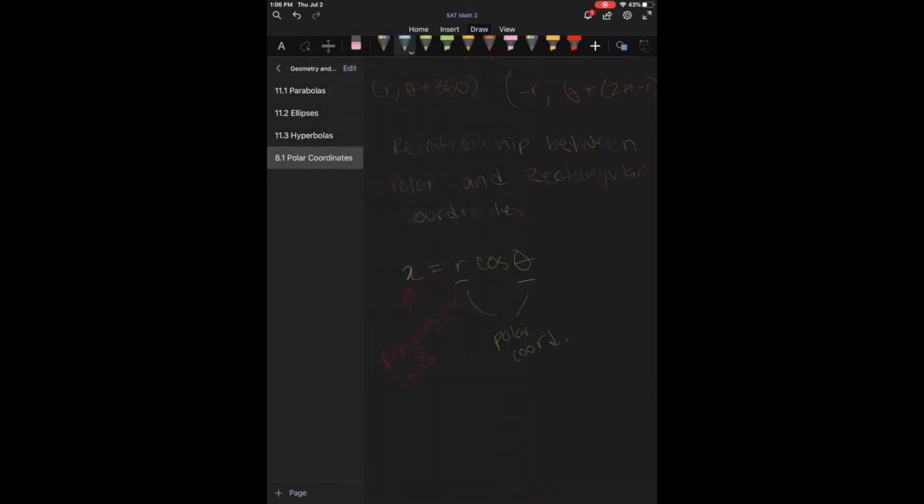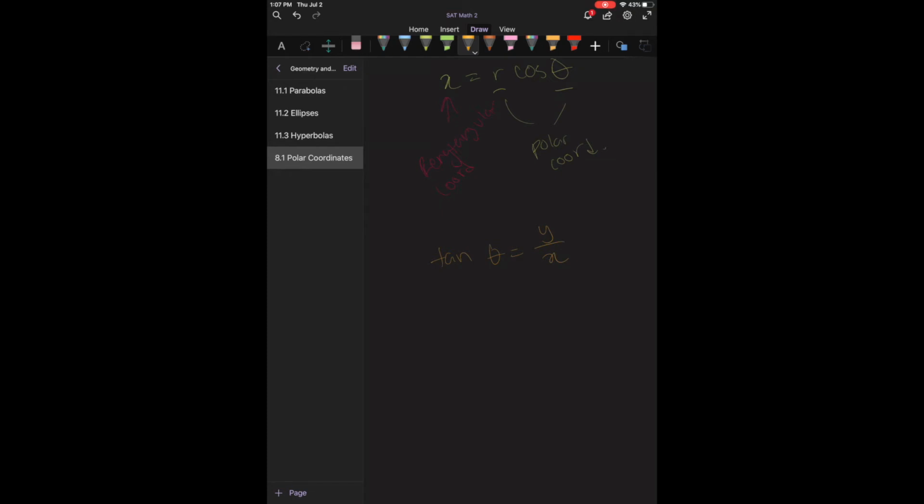You can say that y equals r sine theta. Okay, so y equals r sine theta. And there's another formula that we should keep in mind, and that is the fact that tangent theta equals y over x.